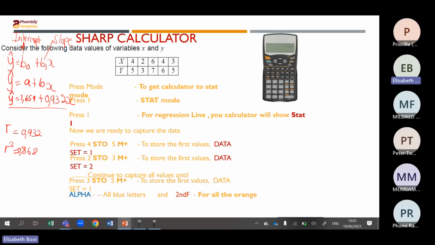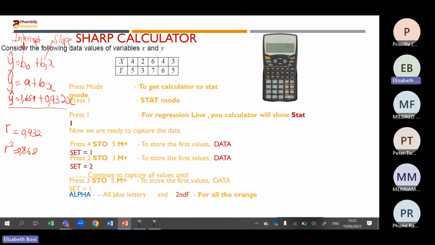We say there is a strong positive relationship between x and y, and with our r squared of 0.868, we say there is 87% of the total variation in the values of y that is attributed to the value of x. So that's how we will interpret the slope, the r, and the r squared.